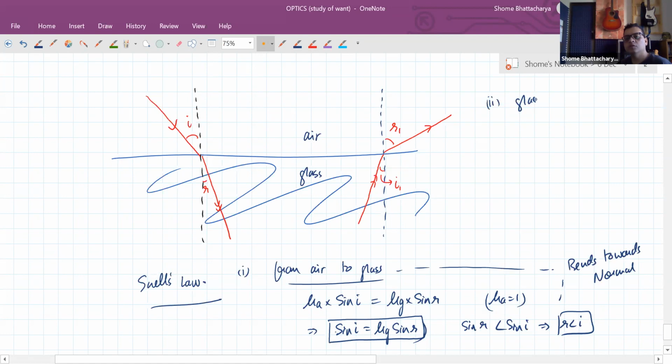But again, when we look at Snell's law in the second part, going from glass to air. So this time the incident ray is in glass and the refracted ray is in air. So we will have a refractive index of glass into sine of this I1 will be equal to refractive index of air into sine of R1. So we will have this.